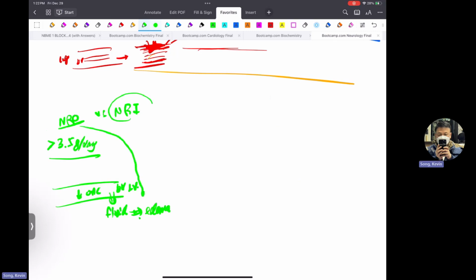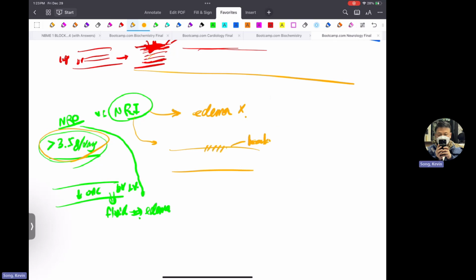But how about nephritic? Nephritic is not like this. It doesn't have any protein loss, so it doesn't cause edema, right? But that's not always the case, because if there is very serious inflammation, it will cause leaky blood vessels.